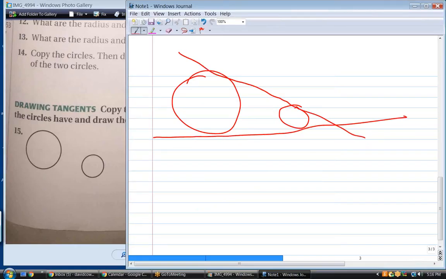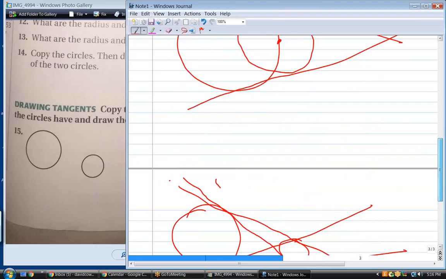And then I have what's called, I forget the term, but isn't it the interior? Yeah, the interior common tangent and the exterior common tangent. So there's two interiors and there's two exteriors. So this one would have 4.